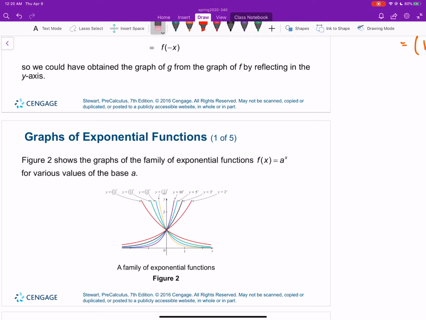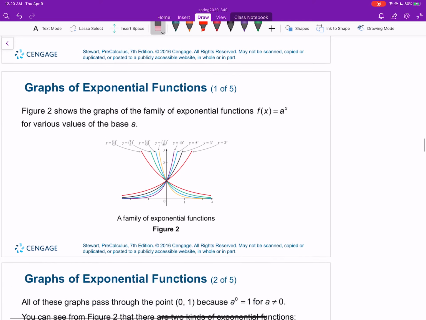Okay, so you can see how the yellow curve, which is 1 over 10 to the x, is closer than 1/2 raised to the x, which is further away from the y-axis. Whereas if you look at 10 raised to the x, that is closer to the y-axis than 2 raised to the x.